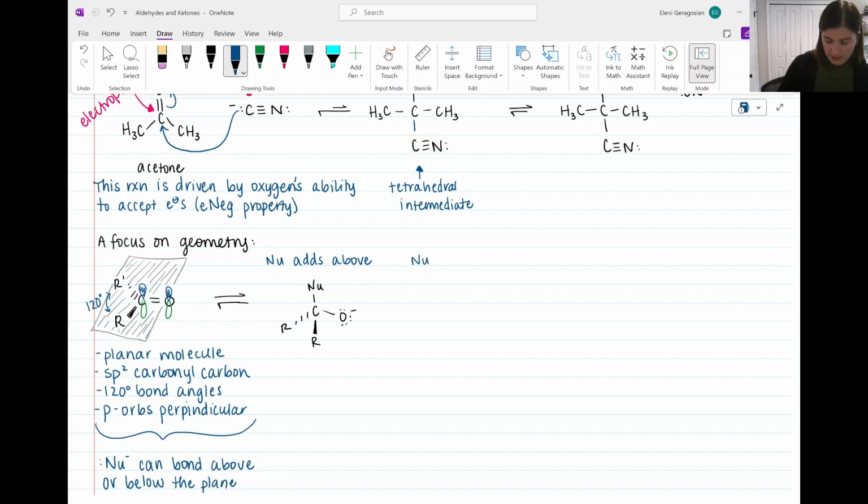If the nucleophile adds below, we have the new bond to the nucleophile below the carbon in this case, and then all the bonds as far as straight line, wedge, and dash can stay the same.